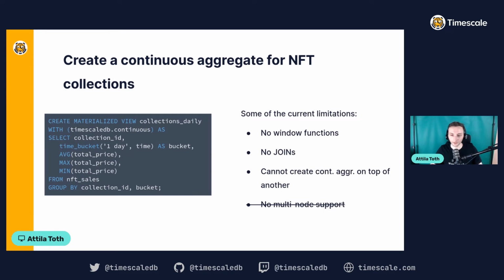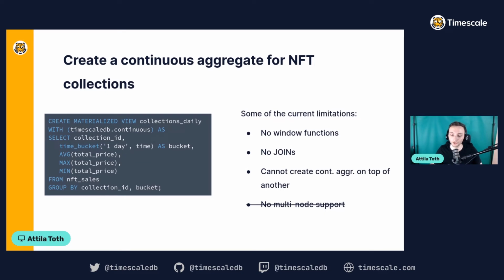So since the launch of TimescaleDB 2.0 from the end of October, TimescaleDB supports multi-node. TimescaleDB continuous aggregates support multi-node, which means that you can create continuous aggregates over distributed hypertables, which is a very important feature.